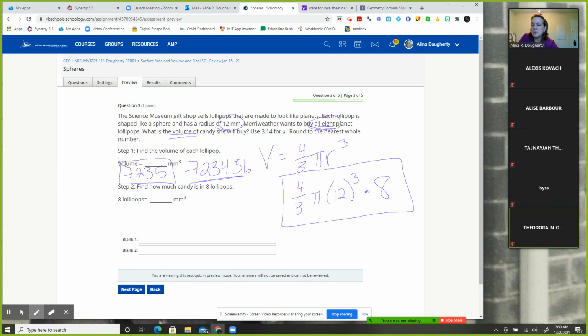So let's do this times 8. If I multiply this, I get 57,876.48, which would round to 57,876. If I multiply this by 8, 7,235 times 8, I get 57,880.